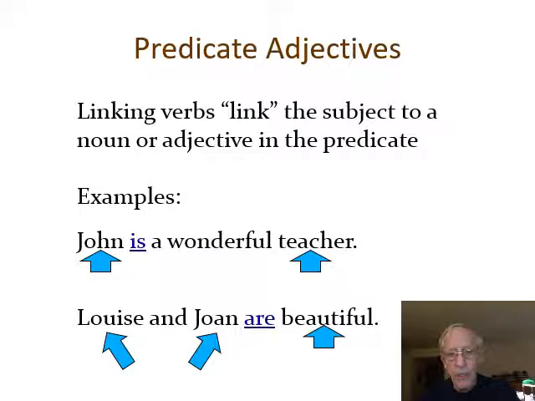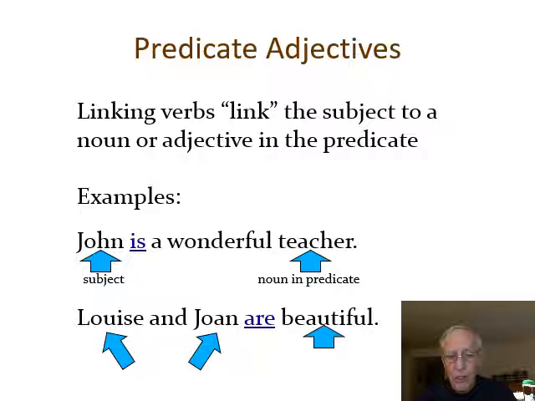So in this graphic, you can see that linking verbs link the subject to an adjective or a noun in the predicate. Look at the first example. Here we have John is a wonderful teacher. John is a subject, is a linking verb, and there is in the predicate a noun. That is an example of a predicate noun, not a predicate adjective.